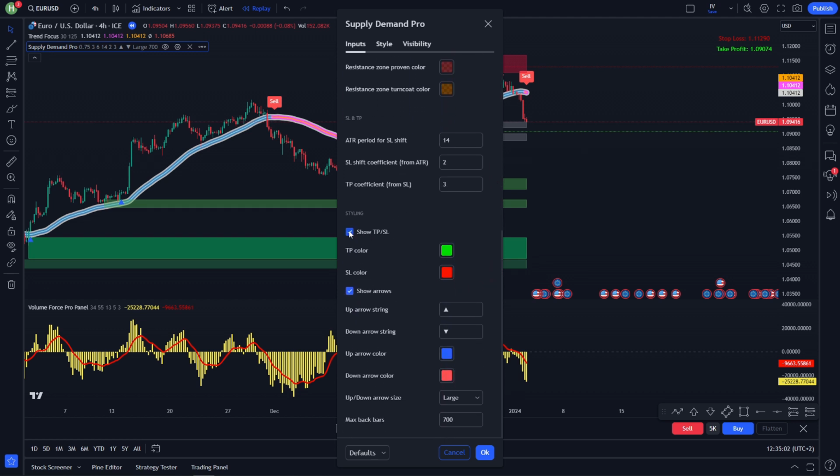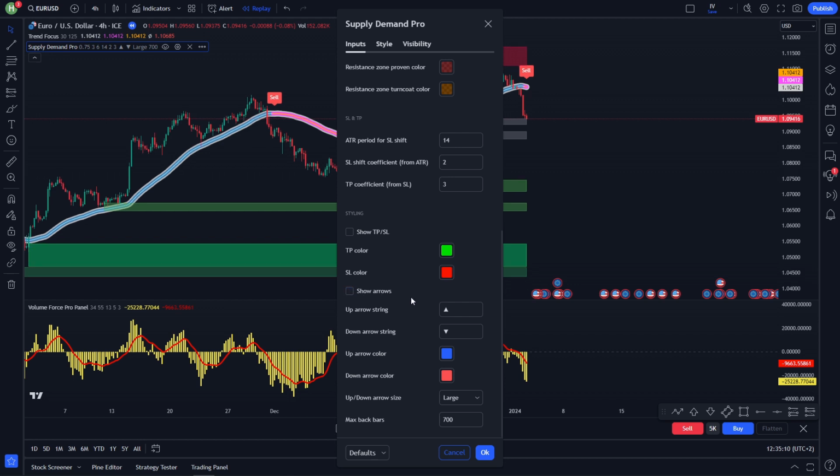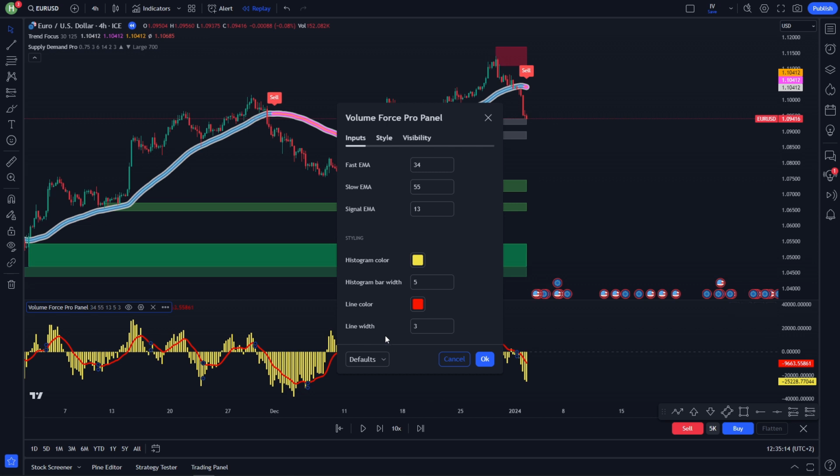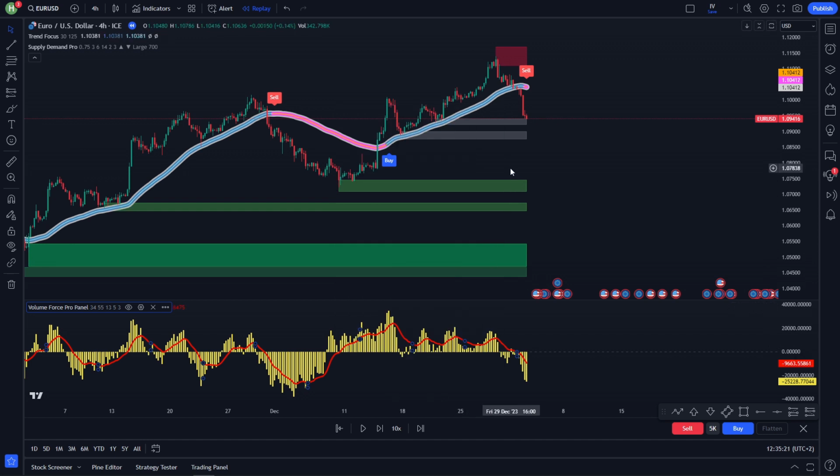Firstly, we'll unselect the Take Profit and Stop Loss options to clean up our charts, and then unselect the arrows as we'll be using the buy and sell signals from the Trend Focus indicator. Lastly, for our Volume Force Pro panel, we'll leave everything on default. With the indicators all set up, we are ready for the rules for entry.